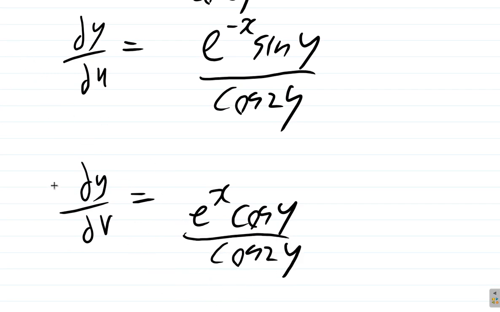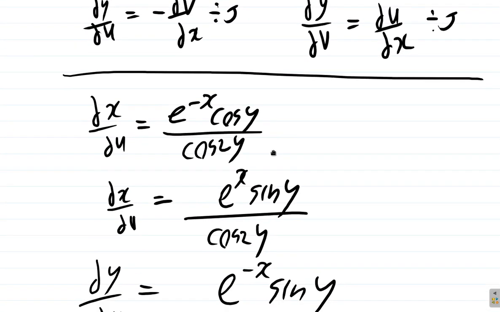Alright? So what we have are the four results. Delta x by delta u is e to the negative x cos y over cos 2y. Then delta x by delta v is e to the x over cos 2y.